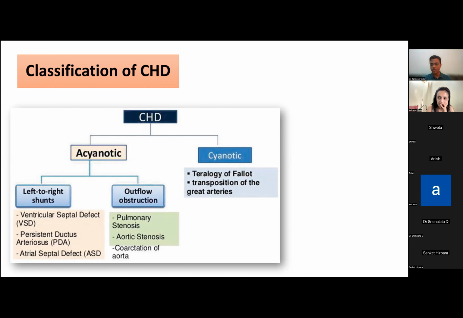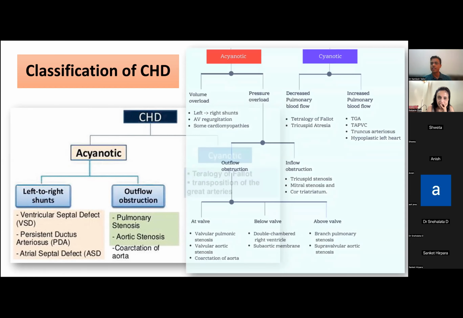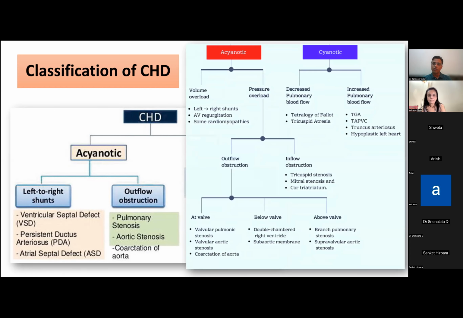But if you want to classify further in more detail, I will include this busy kind of flow chart where, just to add on, for the cyanotic you can remember all the T's. So it is TGA, TAPVC, truncus arteriosus, tetralogy of Fallot's, and tricuspid atresia. If somebody can remember all these things, it is very easy to remember cyanotic heart disease.